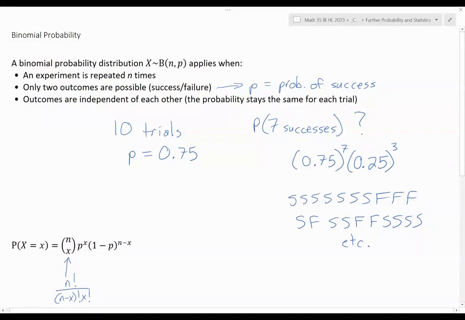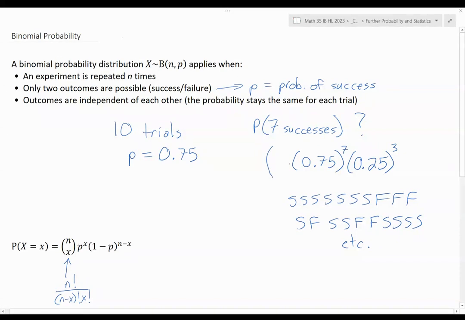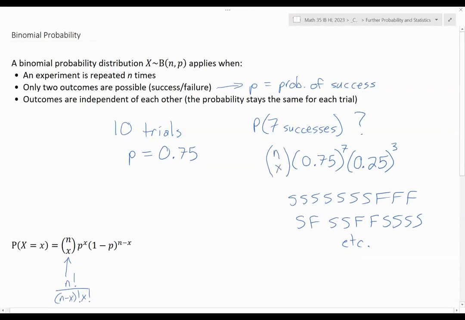There's a bunch of different ways in which these probabilities can happen, and each of them has a probability of 0.75 to the power of 7 times 0.25 to the power of 3. So the number of ways this can happen needs to be multiplied by these probabilities. So that's where the nCx comes in. In this case, that would be 10 trials and 7 successes. So we can calculate it that way.